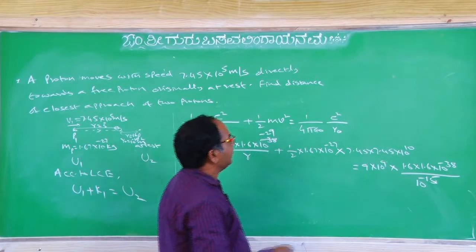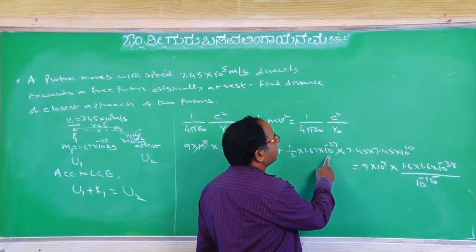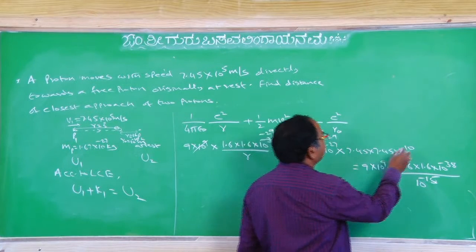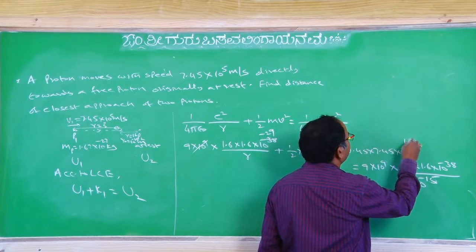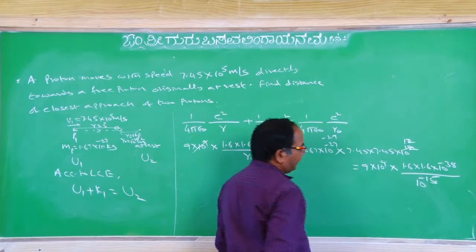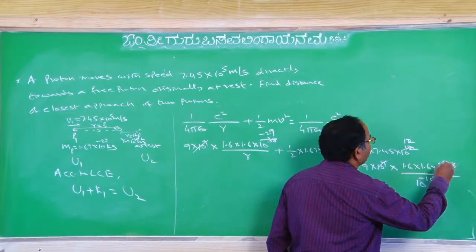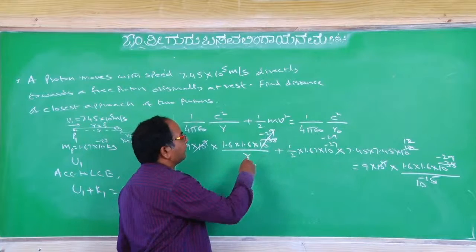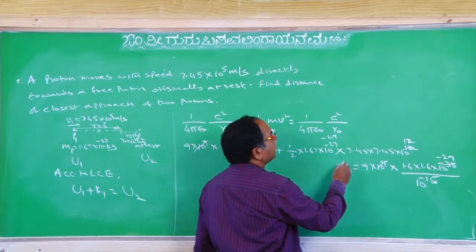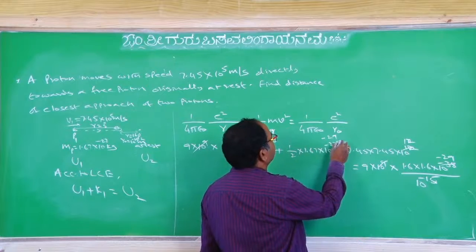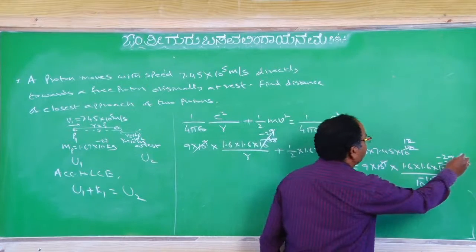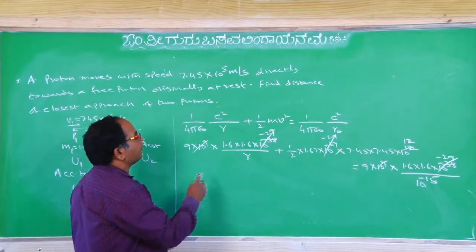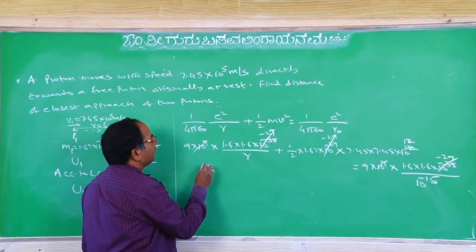So this is 29, here 27 is there. If you write this as minus 29, it will become 10 to the power of 12. Next, this one also is minus 29, so 10 power minus 29 and 10 power minus 29 cancel. Remaining, try to simplify.